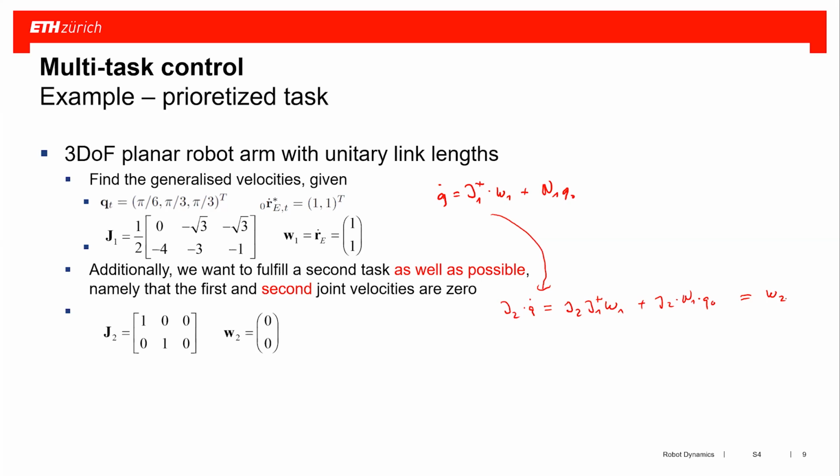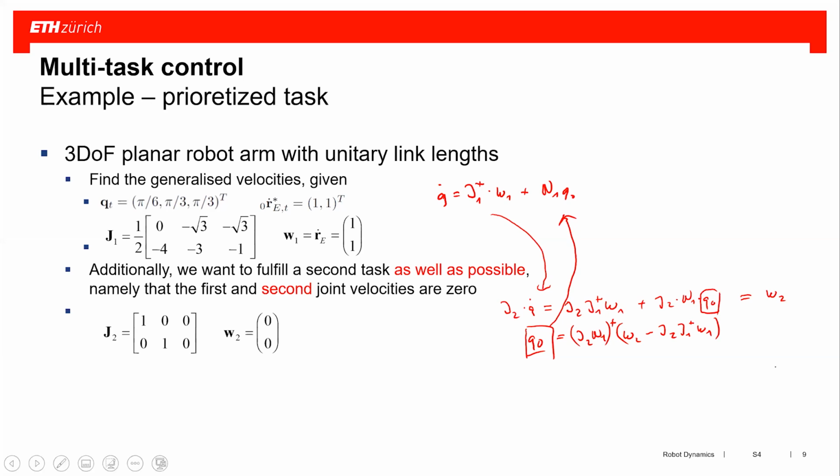Now what I want to figure out is what is my Q0. So I solve this for Q0, which gives my W2 minus this first part, J2, J1 plus W1, and I do the pre-multiplication with J2, N1 pseudo-inversion. And then I take this and insert it in here and get my Q dot.